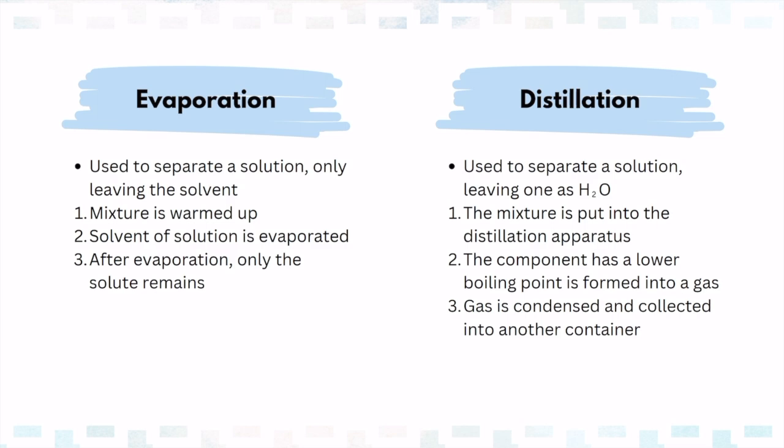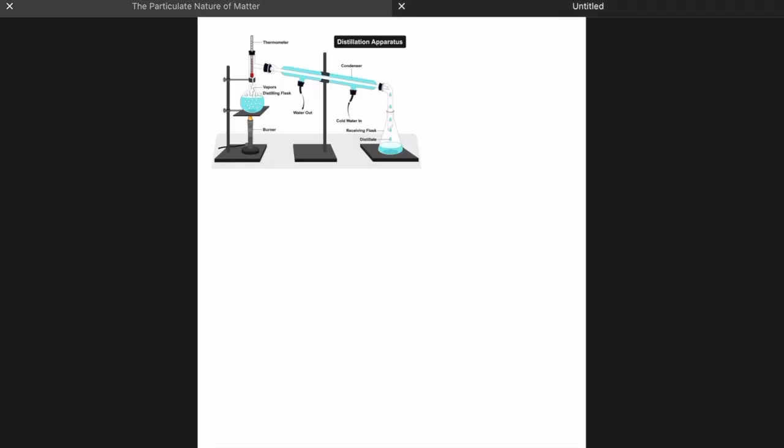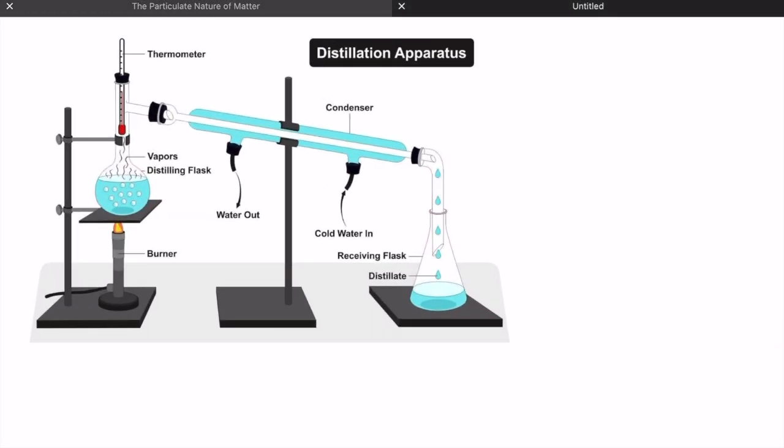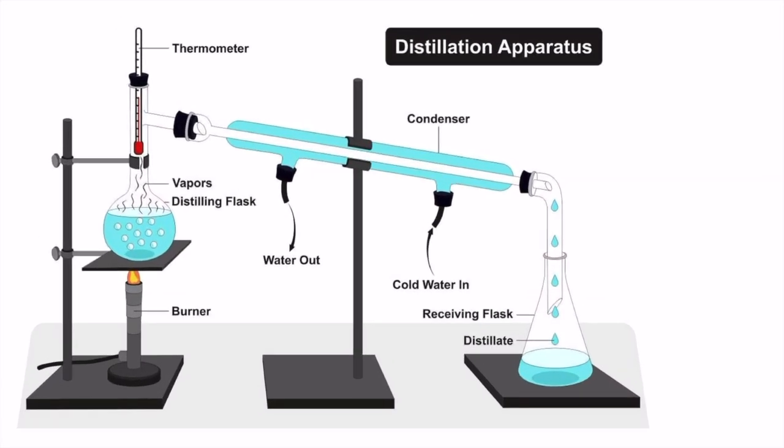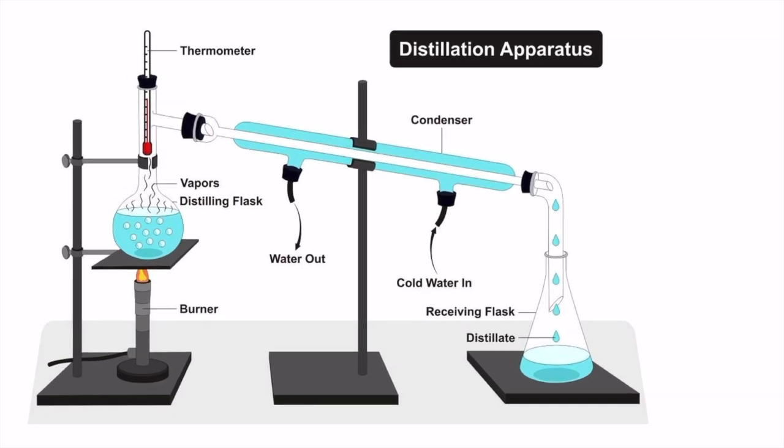This is really sort of evaporation as well, but you're using it to separate a solution, leaving one as water, H2O. The mixture is put into the distillation apparatus. So this looks something like this. This is the distillation apparatus. You have the solution that you want to distill over here.